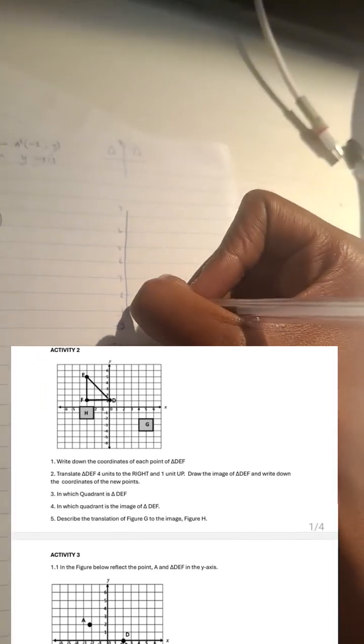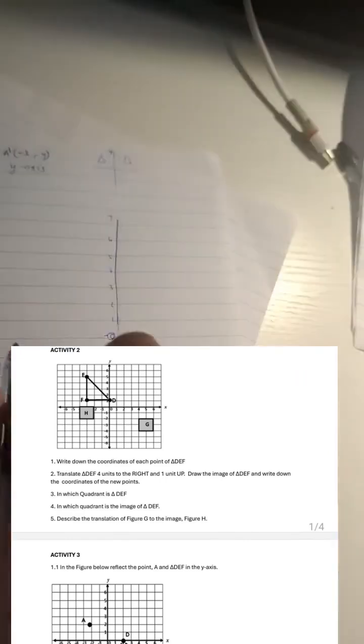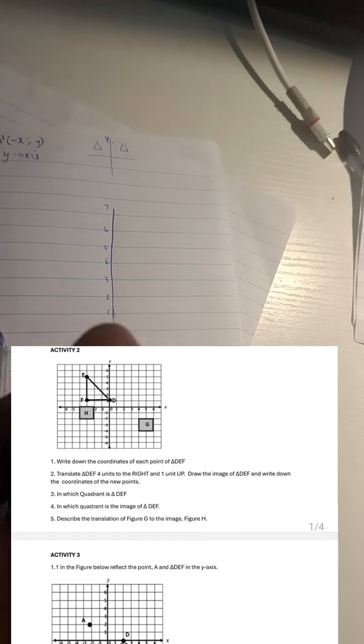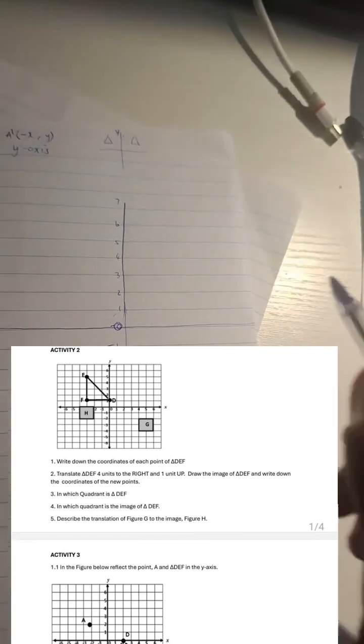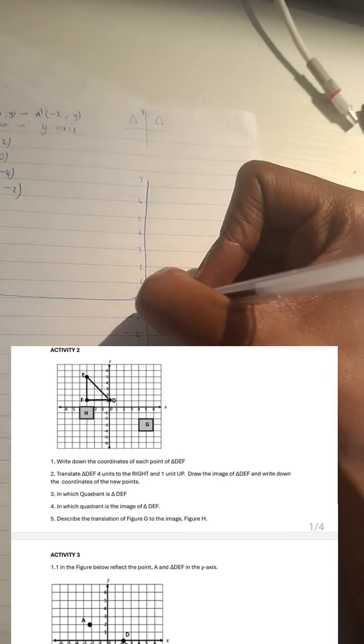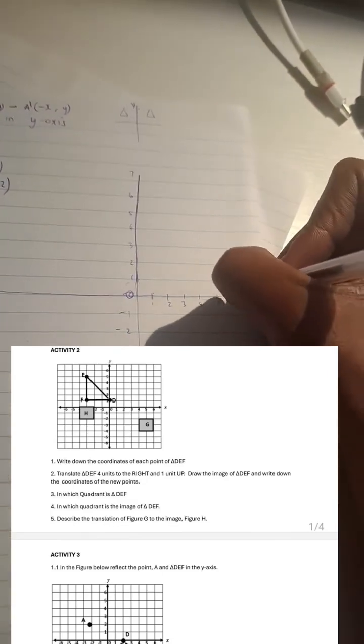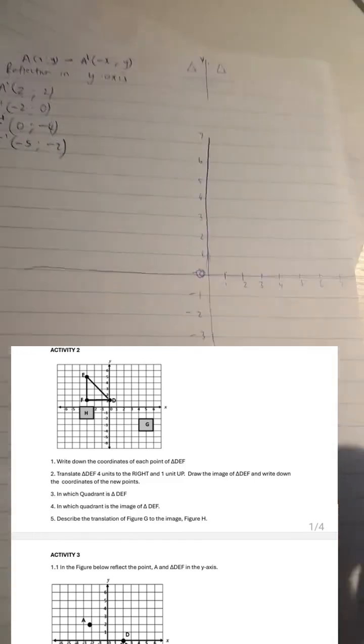I'm sorry, this is freehand, but I know you guys would actually use proper tools to make sure that your Cartesian plane is accurate. 1, 2, 3, 4, 5, 6, 7.